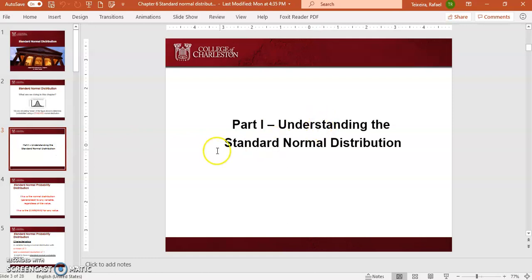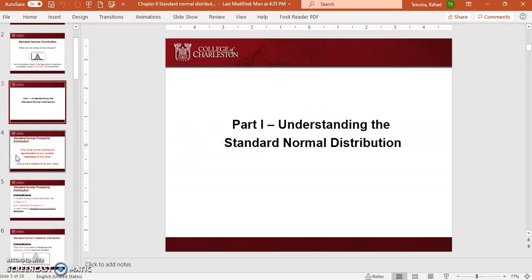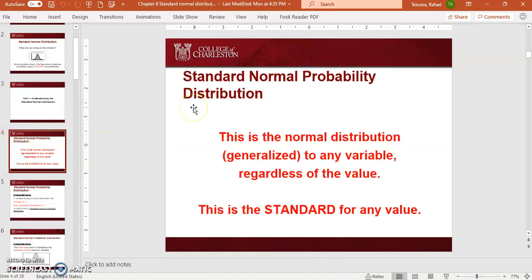So in this first part, we're going to talk about the concepts and some characteristics of the standard normal distribution. The standard normal probability distribution is the normal distribution generalized to any variable, regardless of the value.